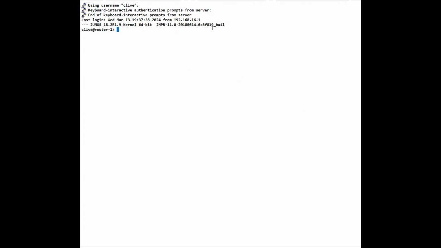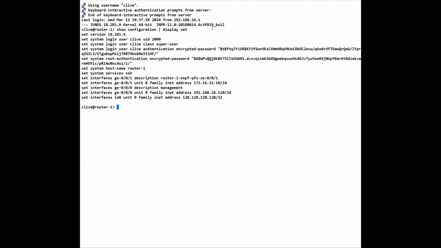Here we are at the configurations of router 1. Let's first of all have a look at router 1's configuration, and we're going to do this as a display set, so it displays the set commands. As you can see, we have the loopback address, and we have GE002 as the interface that's going to participate in area 0 of OSPF.